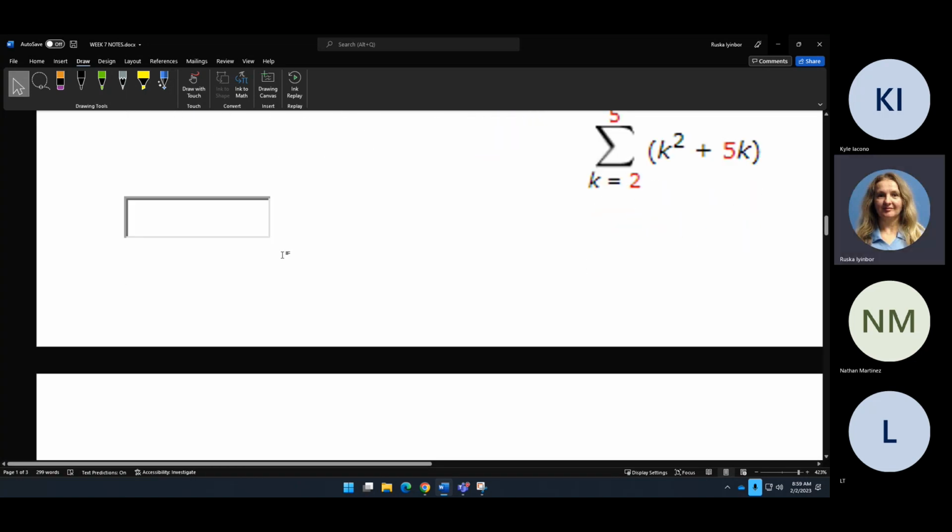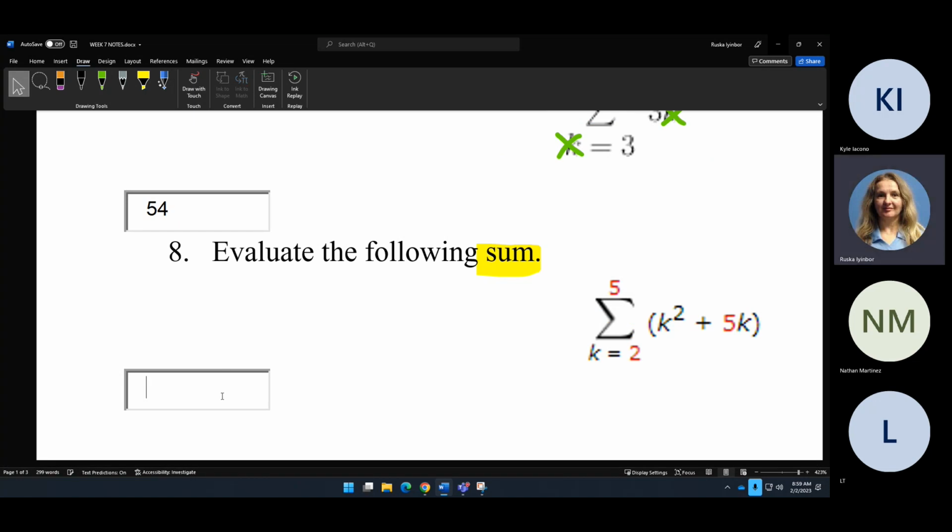So what do you get for this one, number 8? 110? Yes, 124. Oh, I put in 3, I'm sorry. 124? Yes, ma'am. Okay. So you still do the same. Instead of k, you just replace k with x.